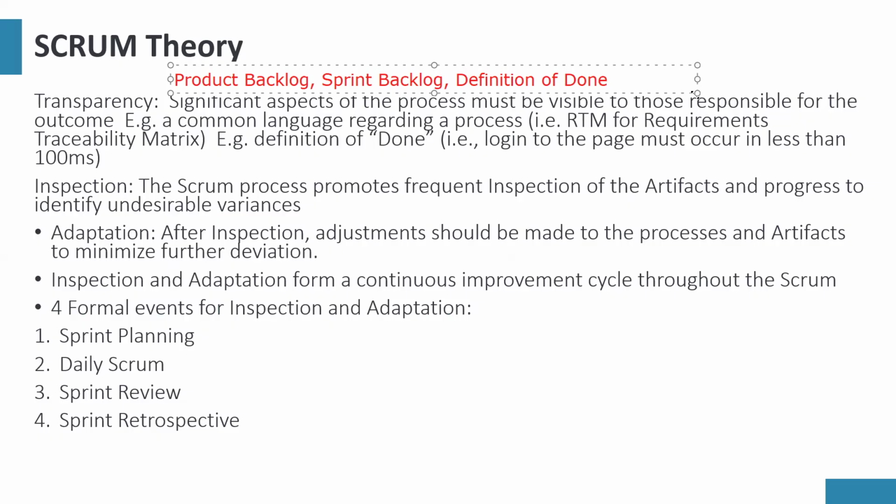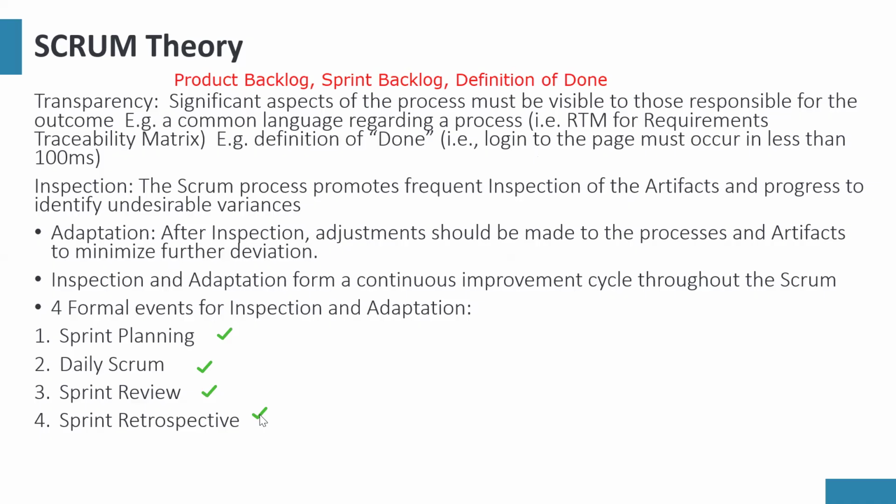And the other sprint events, like sprint planning, daily scrum, sprint review, and sprint retrospective, are designed to enable us to inspect and adapt the work, which is empiricism. That means the 4 events we're talking about are events that give us the opportunity to inspect and adapt. That's why they're important.